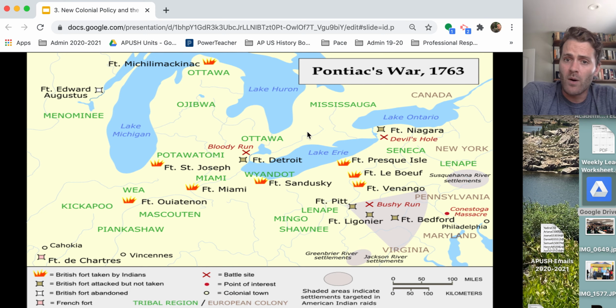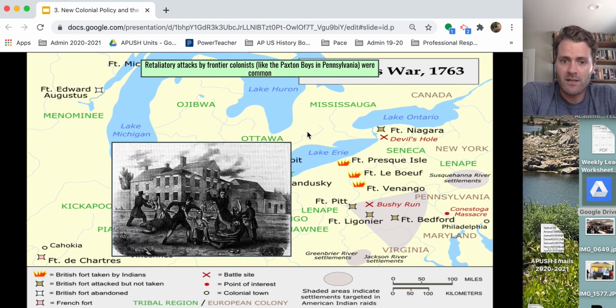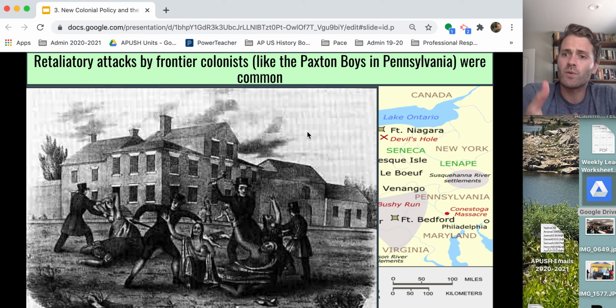What we do see, though, as a result of Pontiac's Rebellion in 1763, is a huge rash of frontier justice attempted against the Native Americans. Retaliatory attacks by colonists on the frontier who are having to deal with Native Americans are going to just attack all sorts of Native Americans in retaliation for what they see as the loss of their ability to spread out.